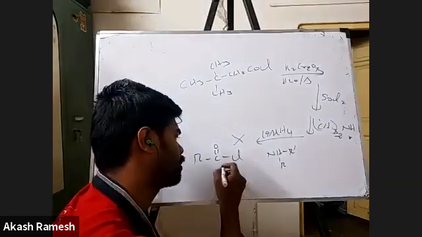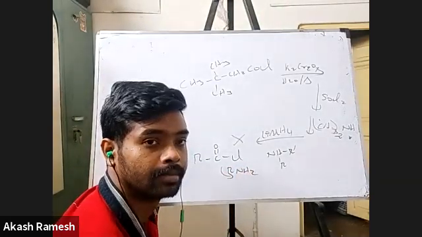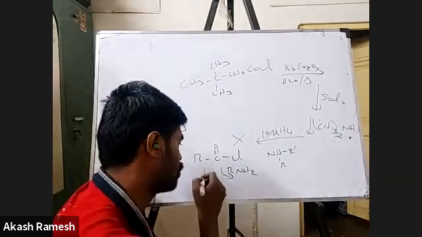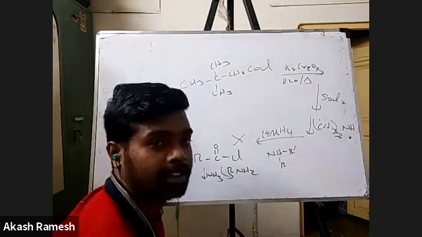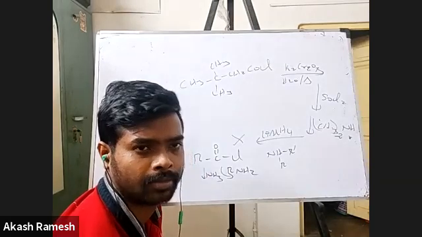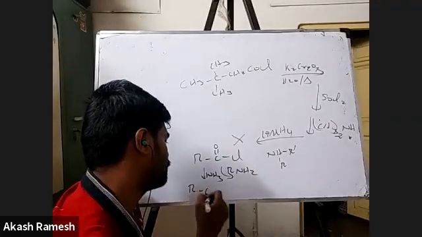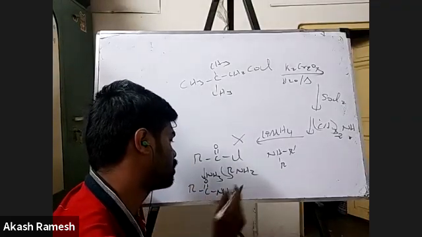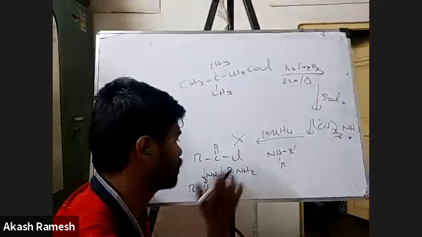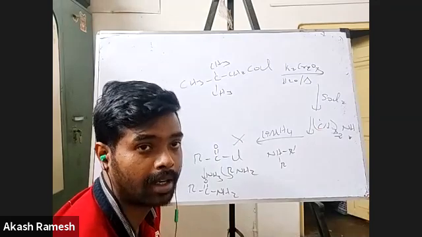What will happen if I put a primary amine? Or if I put ammonia, what will be the product with acid chlorides? NH2 will be substituted. Basically you are going to get a primary amide, RCONH2. H from this and Cl from this will be removed. That is not the mechanism, but you can still remember it like that.